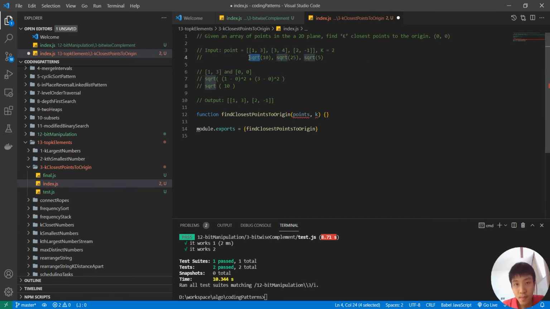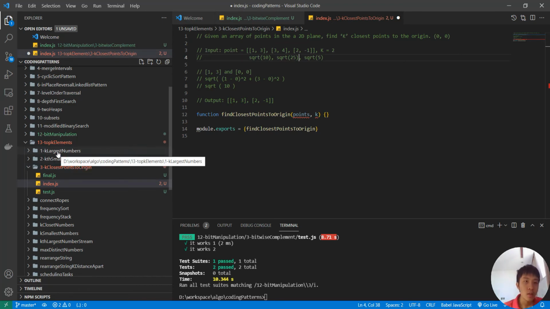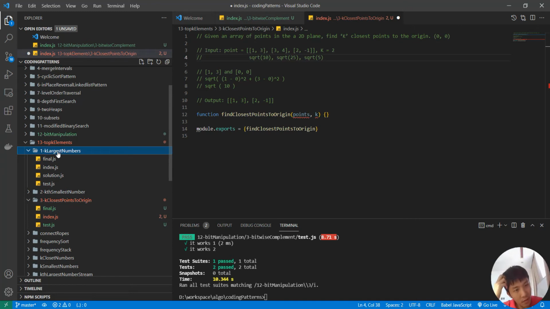So our goal is to just find the two smallest distances, right? And it's pretty much the same as the k smallest numbers problem that we've already solved in the previous videos in this category.